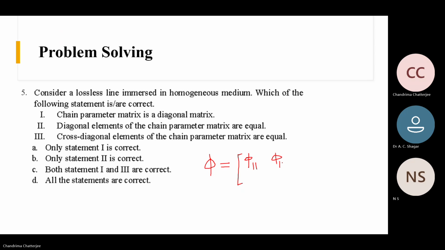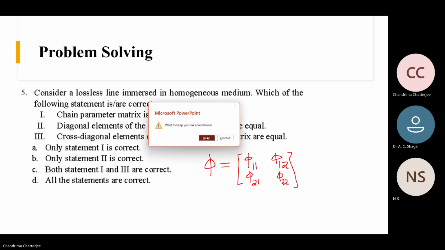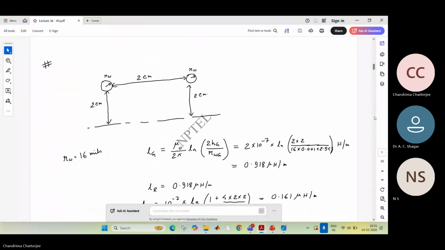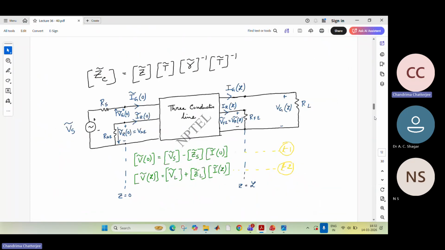It is denoted by phi like this. This is a simplified circuit diagram.